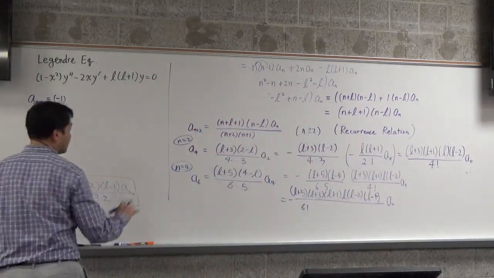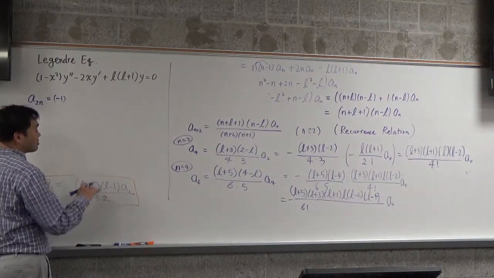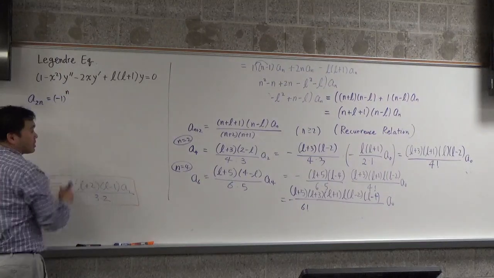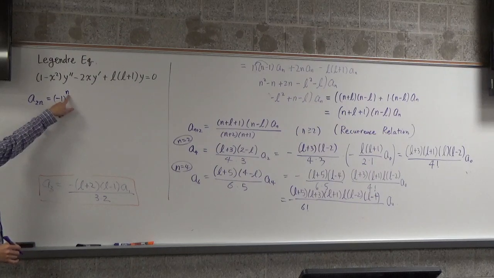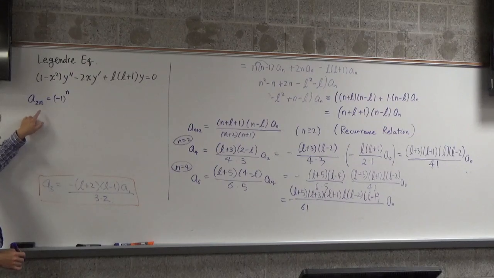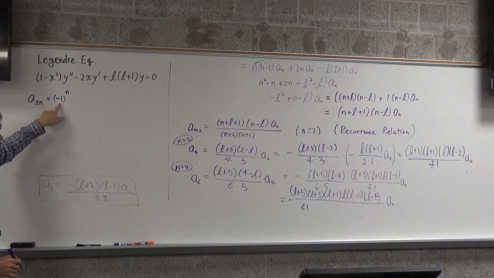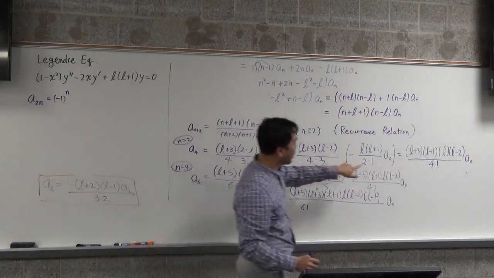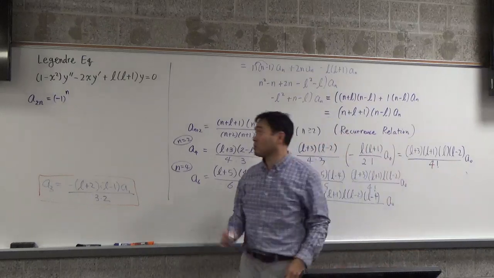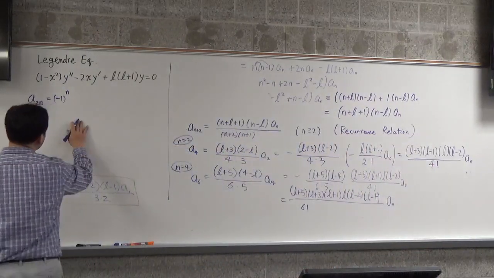So it alternates between negative 1 and positive 1, so we put negative 1 to the nth power. Now, this is tricky. Sometimes you have to modify this by plus 1 or minus 1 because it's in the wrong place. But if you plug in 2, this is positive, and indeed A4 is positive. So it does agree. So that's the sign that I want.